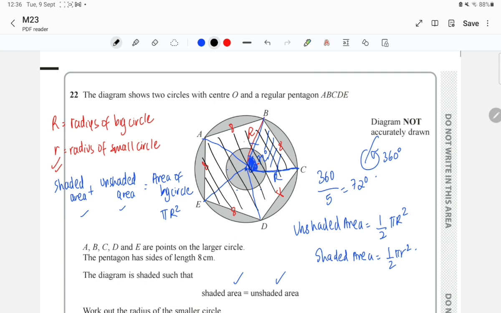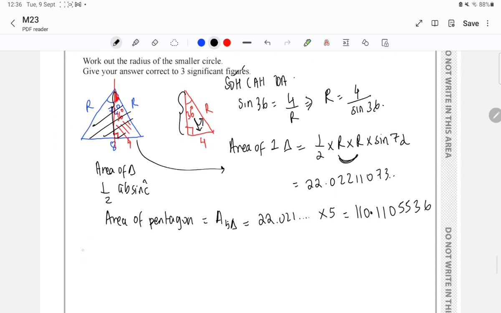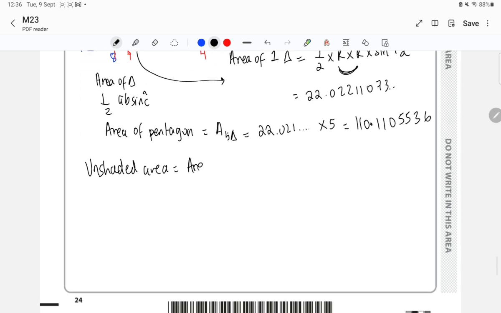Now what I have over here is this part, all of that. Now the unshaded area, as we can see over here, is the area of the pentagon minus this small circle here. So I'll just write it here. Unshaded area would be equal to the area of pentagon minus the area of the small circle.